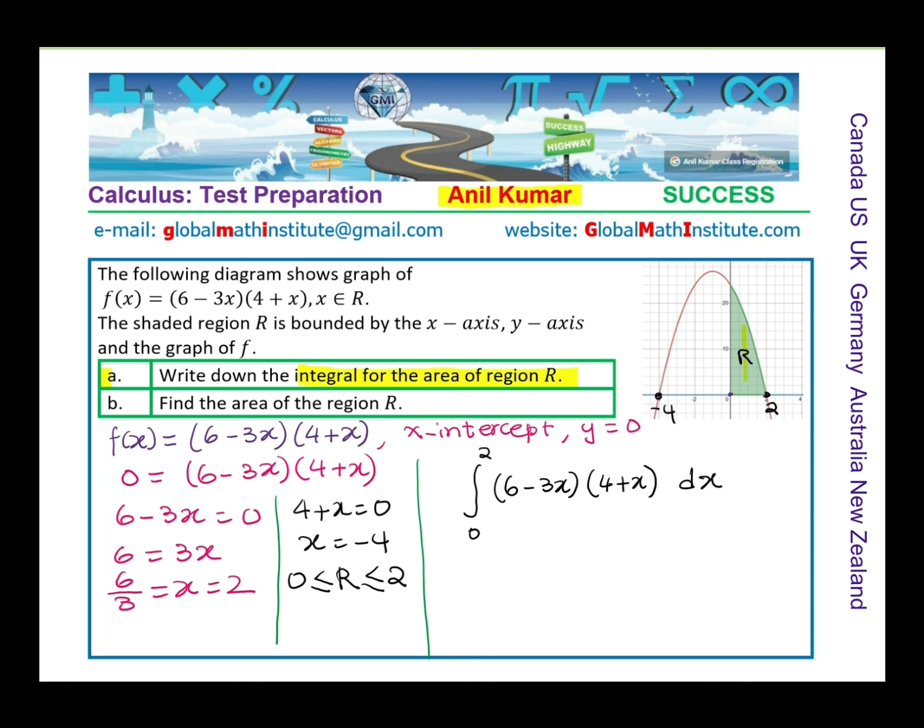Now in part B, we need to find the area itself. To find the area, it will be a good idea to expand and simplify this particular expression and then use the integral. So let's do it on a fresh page. I hope so far there are no issues. So we have found the integral for the region R. The formula is given to you.